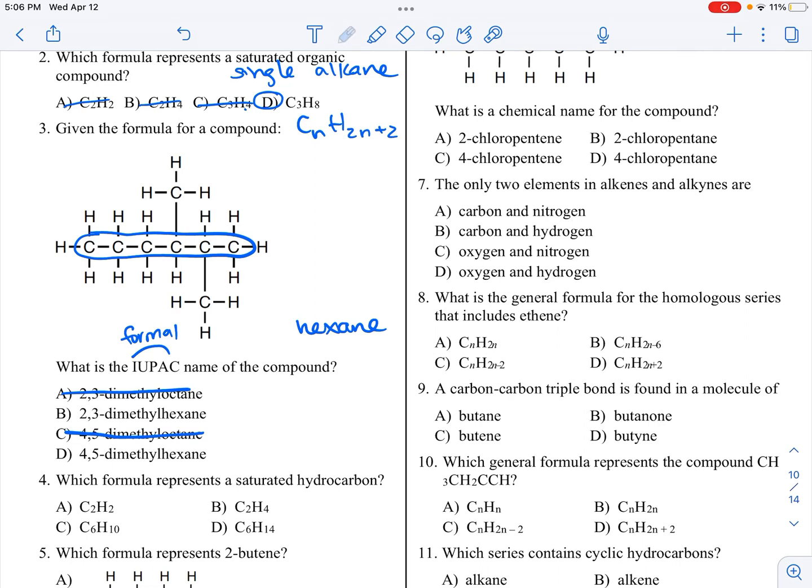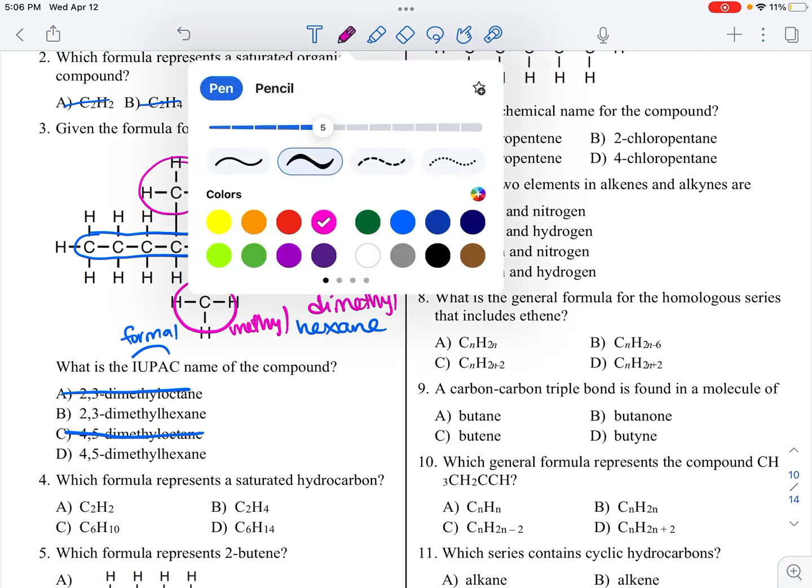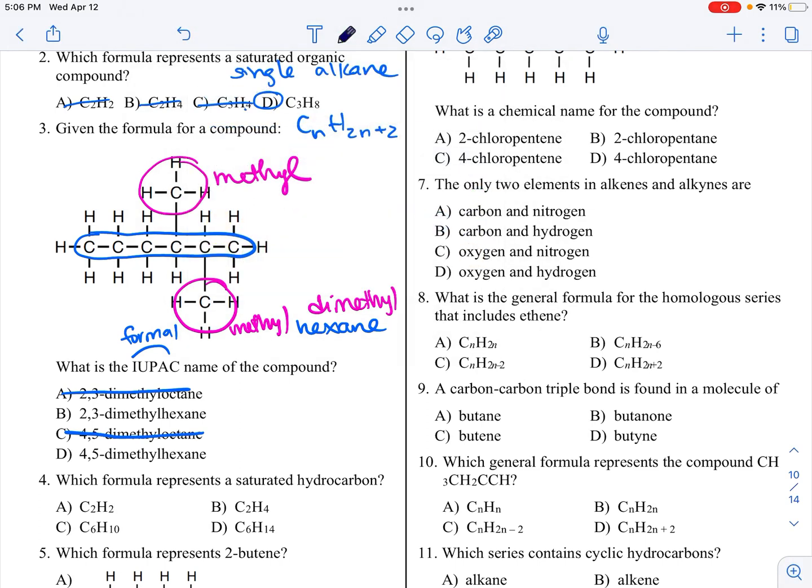Okay, so then we need to figure out our branches. So we've got this here, which is a methyl, and this, which is a methyl. So 2 of them is a dimethyl. And then we need to tell location. So we are going to number our carbons. 1, 2, 3, 4, 5, 6.